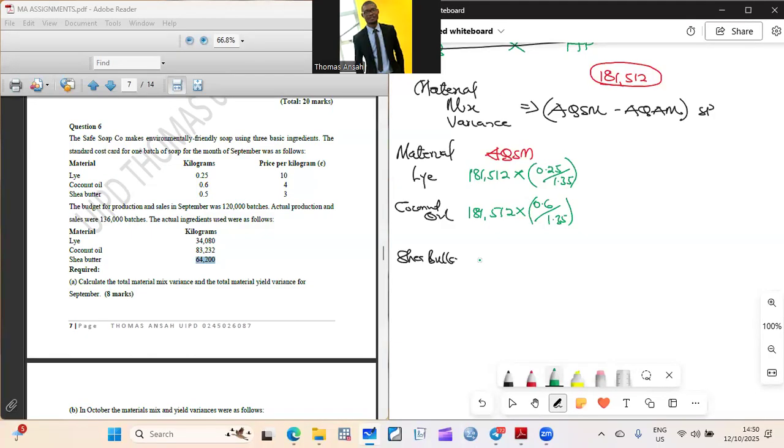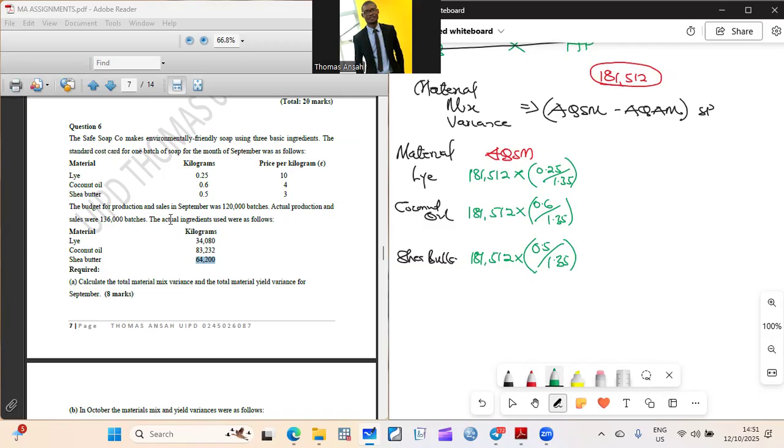This is AQSM. This one is 181,512 by 0.5 over this one. So that is that. Yes, you can ask your question.